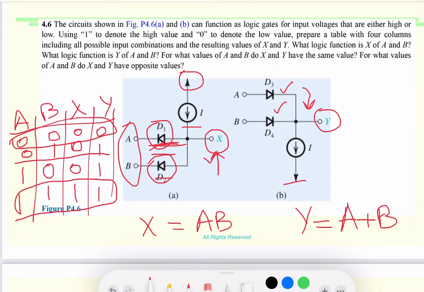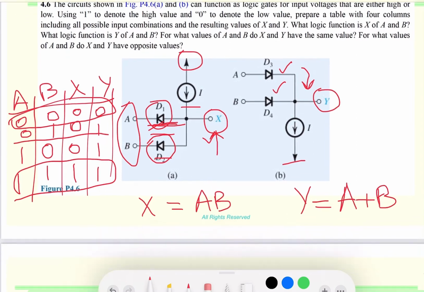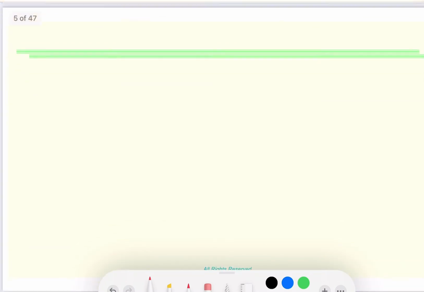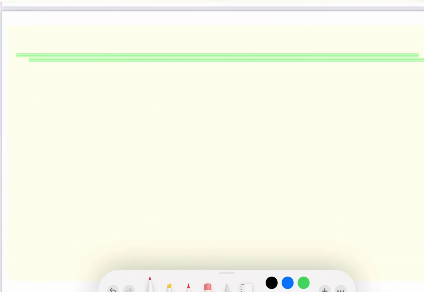Now looking at this basic circuit, we can see that this is a diode, and the same circuit can be implemented with a transistor. In the case of a transistor, the very fundamental operation would be where the transistor is switched on and off.